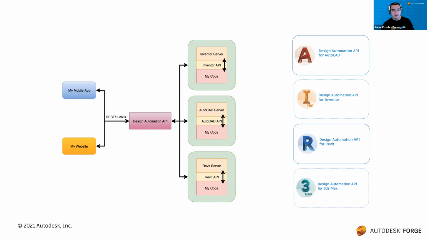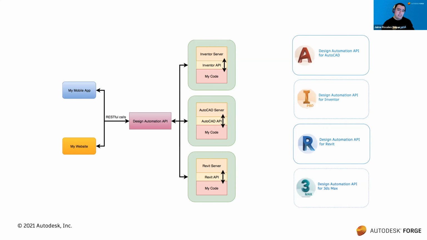Because of the RESTful calls, we have the availability of using the language that we feel more comfortable with at the time of coding. So let's say we want to keep everything in my .NET environment or my Node.js environment, Java, Python, and so on. The APIs can be used in that direction.